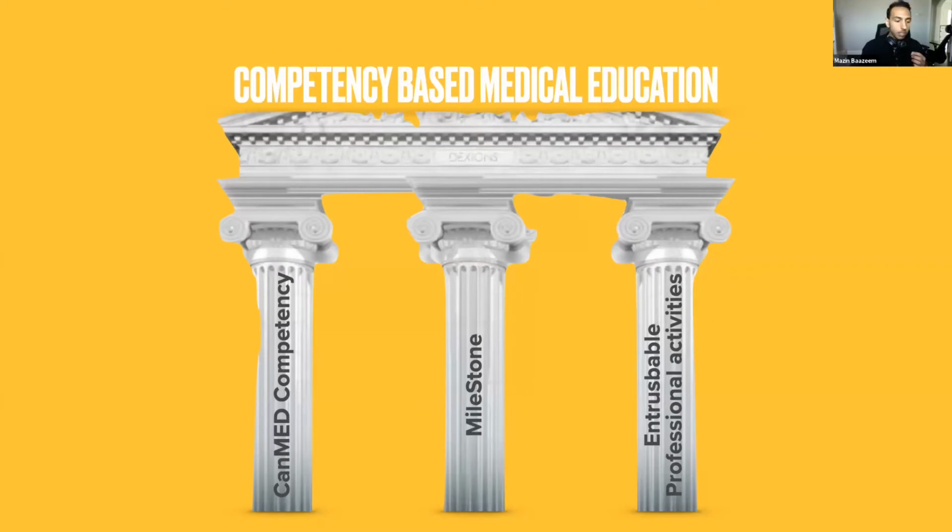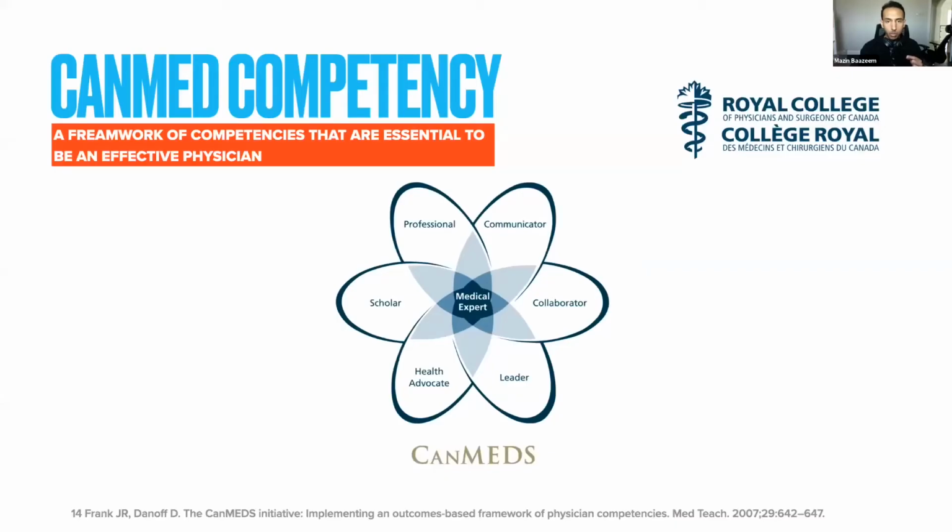So the CanMEDS roles are the first competency-based framework, established in 1990 by the Royal College of Physicians and Surgeons of Canada. Basically, it's a framework of competencies that are essential to be an effective physician. It's grouped into 7 CanMEDS roles to become a medical expert. As you can see in their logo, in the middle, you become a clinical expert.